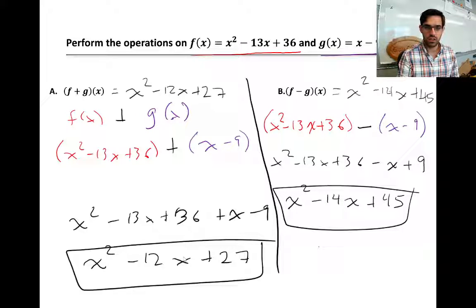And we can collect like terms to get a fully simplified final expression. Right there it is. Same thing with minus. F minus g of x would be the f of x function minus the g of x function. So similar to example A, except we are subtracting g of x. So we're subtracting x, and we're subtracting negative 9, or adding positive 9. And when we do that, we get a simplified expression right here.